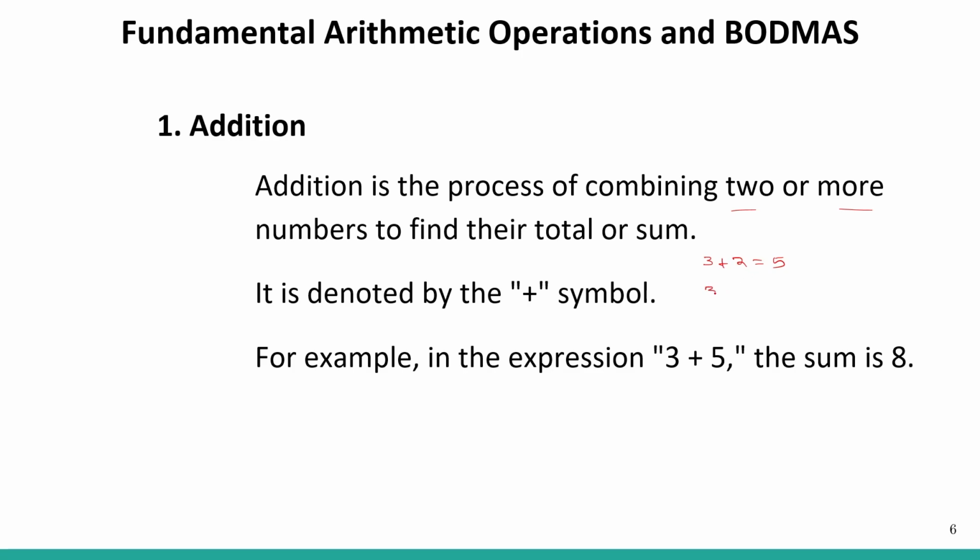If you are given three numbers, 3 plus 2 plus 1, you sum 5 plus 1, and you get 6. Similarly, we can add n numbers; we can add any finite numbers and get their sum. It is denoted by the plus symbol. For example, the expression 3 plus 5 is equal to 8. The sum is 8.